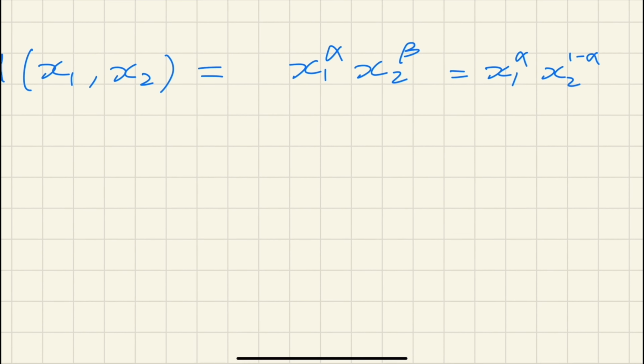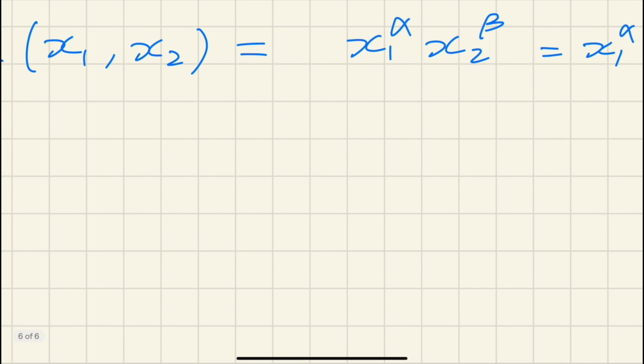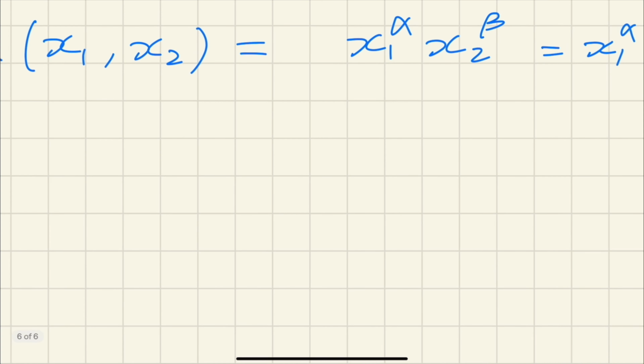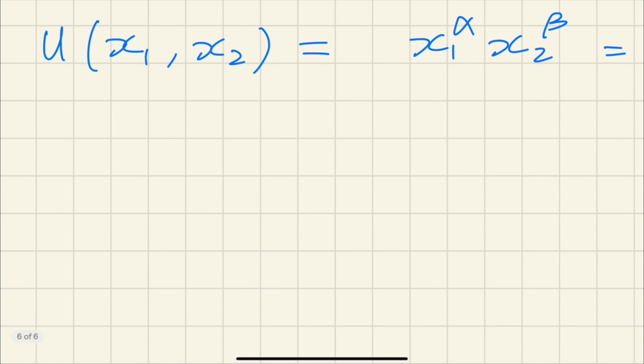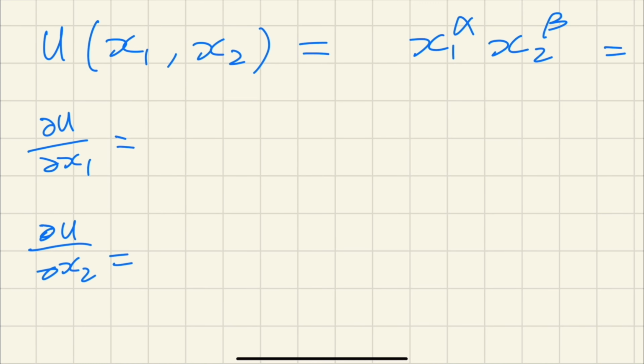But we just keep going with this part of the function. So just like we did before, we're going to try and find the partial derivative with respect to x1 and the partial derivative with respect to x2. Feel free to pause the video and give it a try. I'll come back and solve this problem for you.